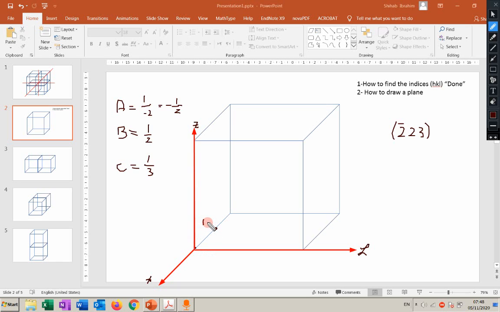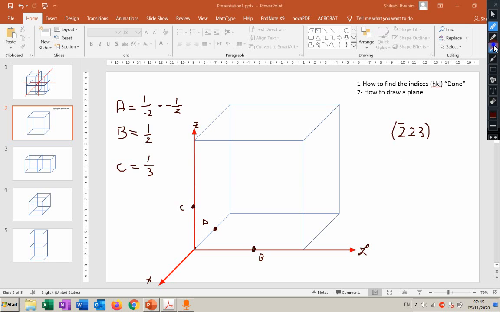This is point A, the intercept at minus half. The intercept with the y-axis at half, this is the y-axis, and this is point B. Then the intercept with z at 1 over 3: dividing this section into 3, it will be somewhere here. This is point C.